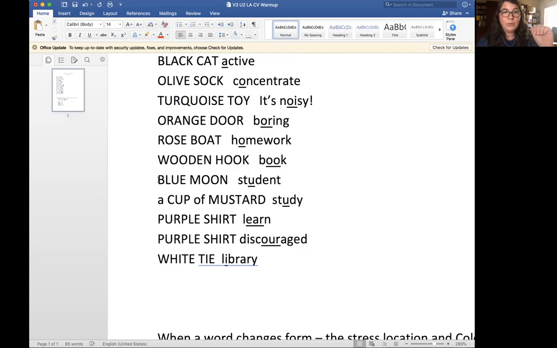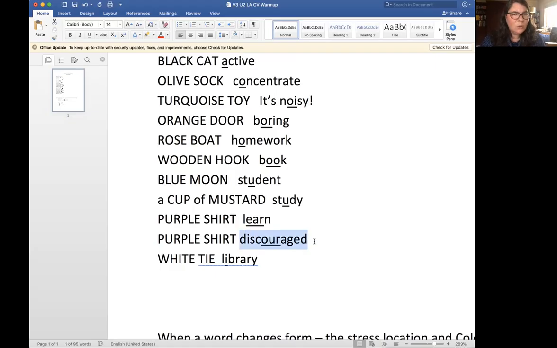Okay. Now blue moon student. A cup of mustard study. Purple shirt learn. Purple shirt discouraged. And white tie library. Okay, so these are all school words, most of them from the reading.